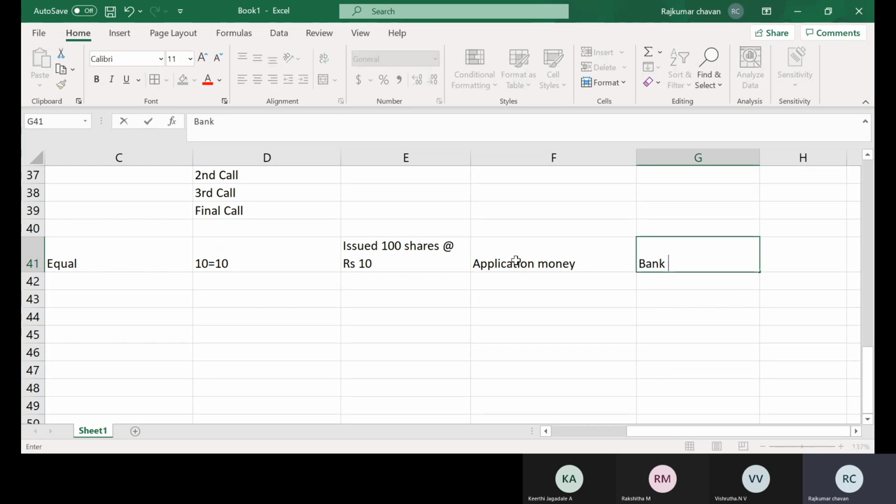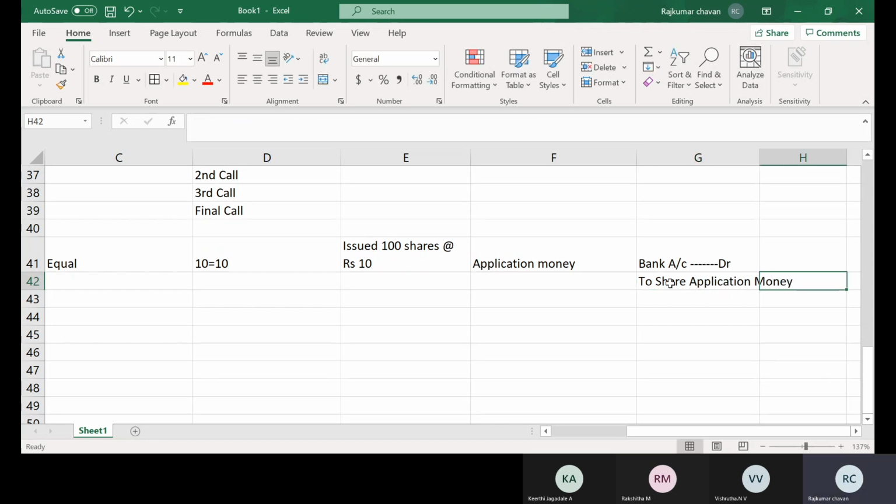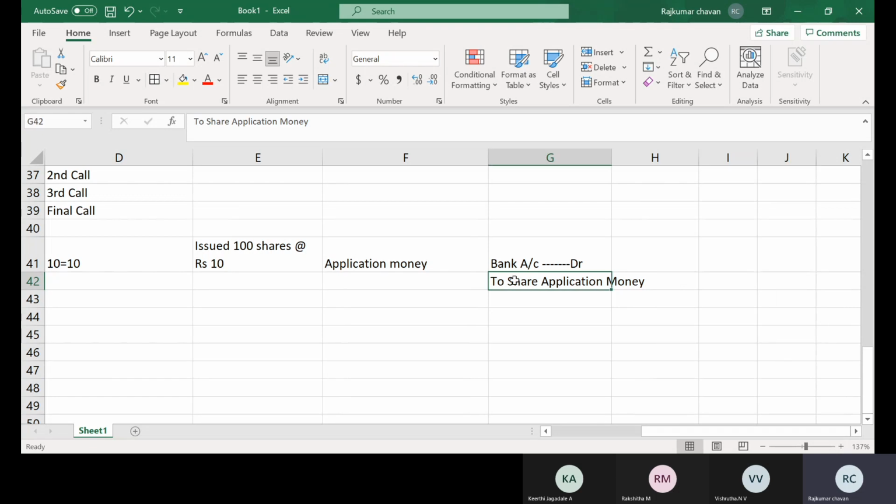So when we collect the application money, what will be the entry? Basically, bank account debit to share application money account. Normally this is the entry they will pass for raising the money, that is bank account debit to share application money.